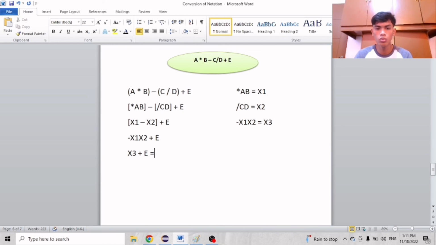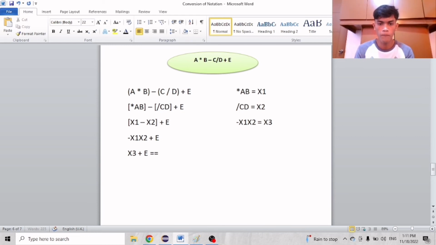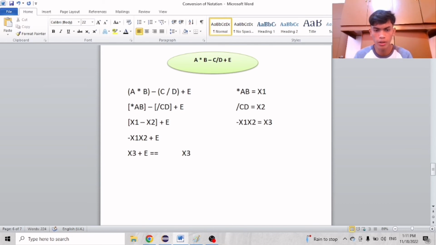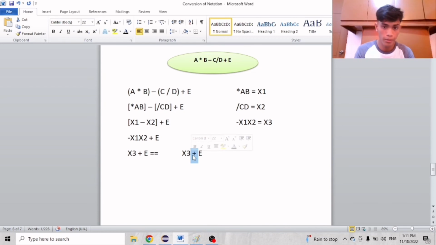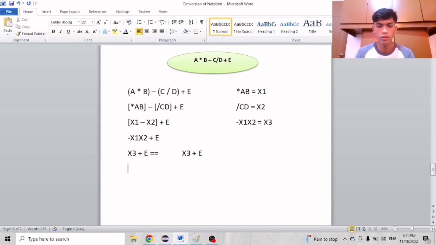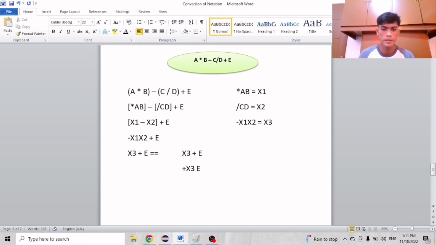Now let's put it back. X3 plus E will be converted. The plus sign we place again before the operand expression. So plus X3 E. Then the X3 we convert again to X1.